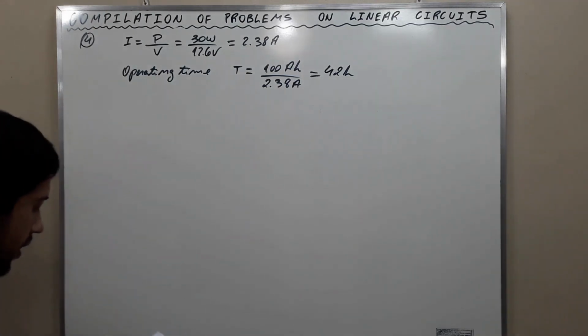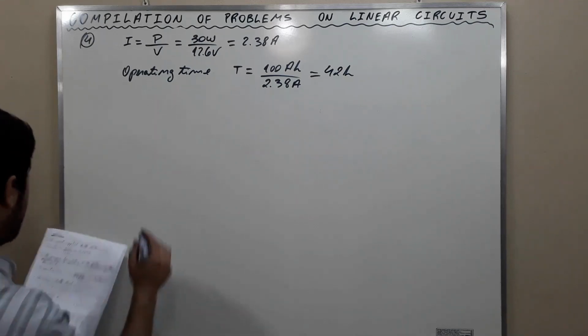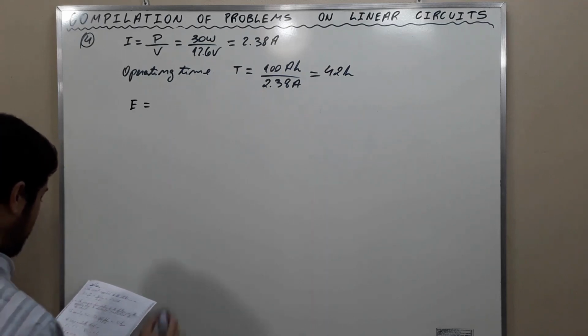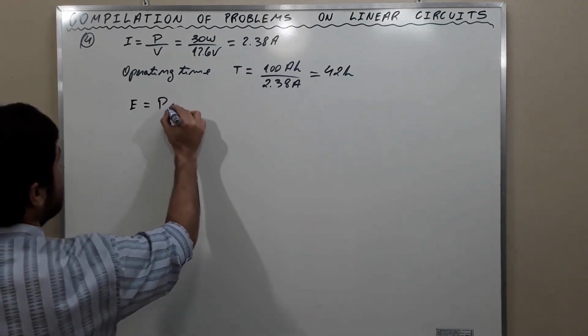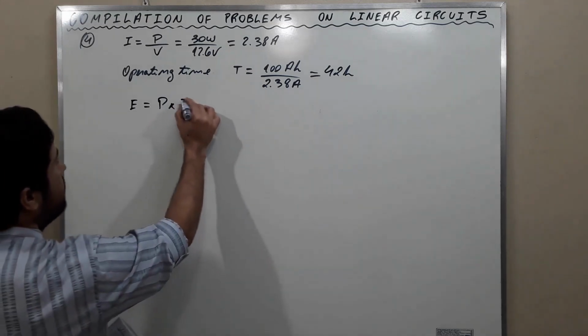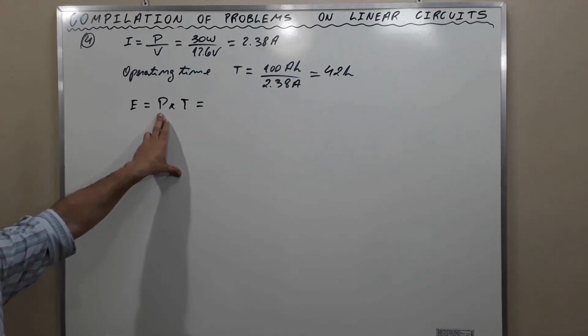All right. The energy initially stored is going to be E equal to the power times the operating time. Okay? The power is the amount of energy per second. Okay? This is the definition of power.